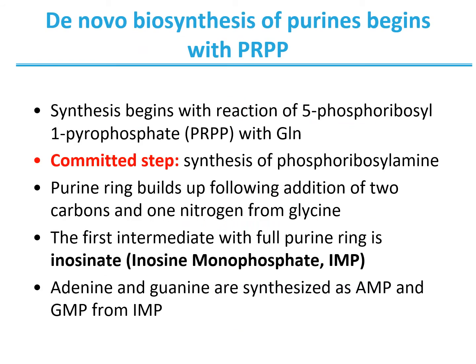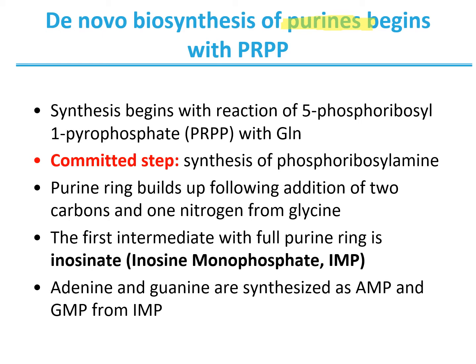So here we have the general overview or the summary of the purine biosynthesis, and it begins with the PRPP molecule that we saw in the previous slide that we generated from ribose 5-phosphate sugar.